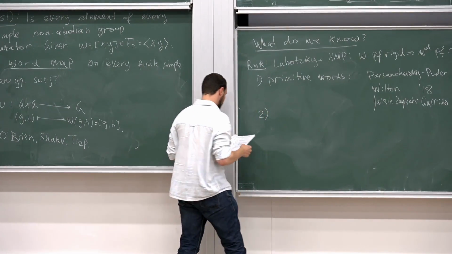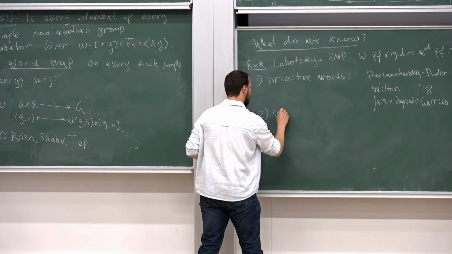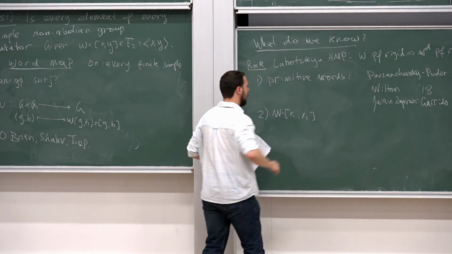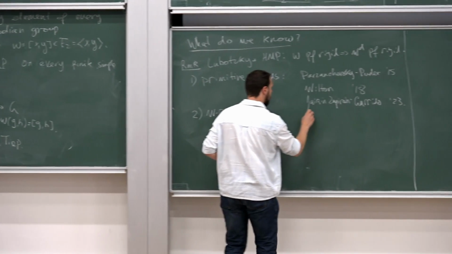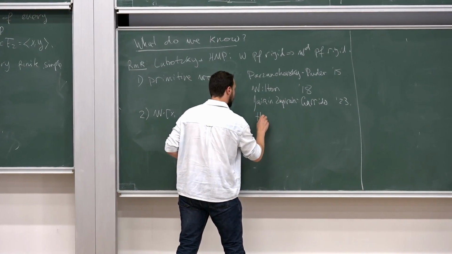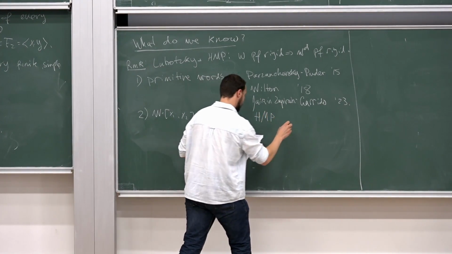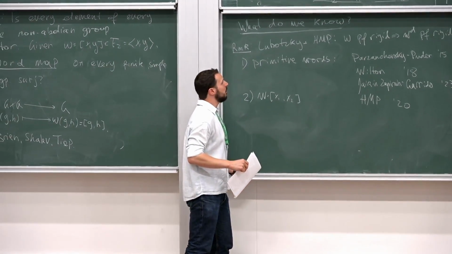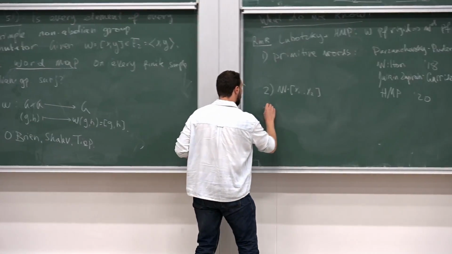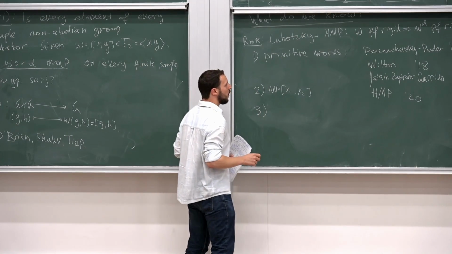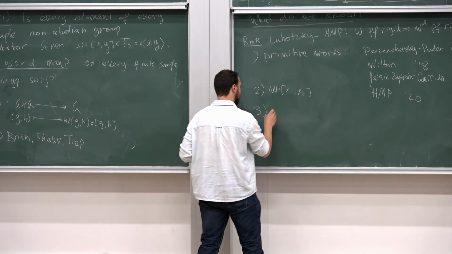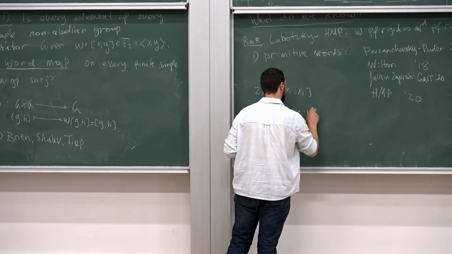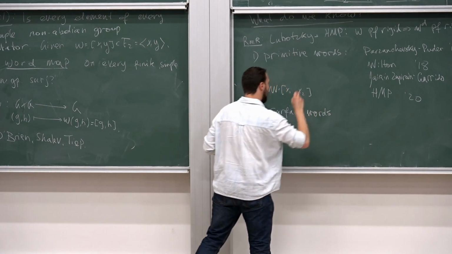Another case that we know is when W is the commutator of two primitive elements, and this is by Hanany-Meir and Puder. And another known case also follows from Wilton's theorem, and that is that surface words are profinitely rigid.